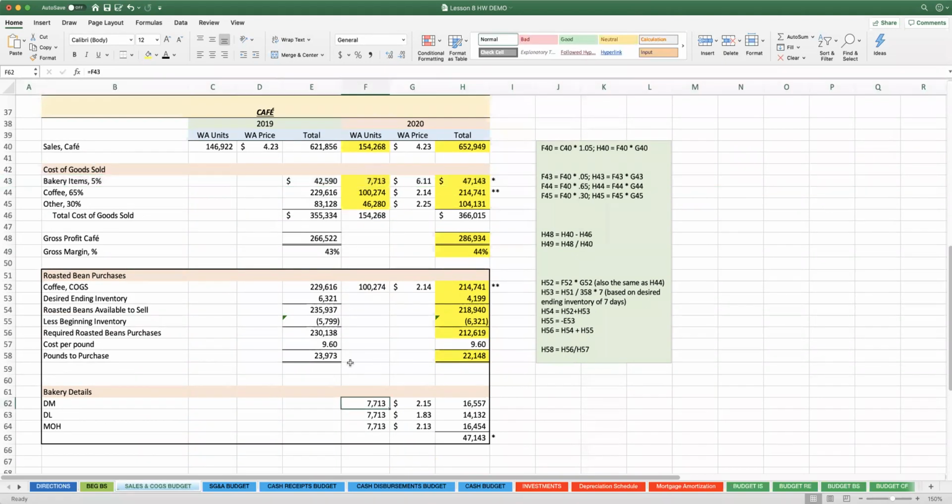That's why it's 7713, because it's referencing the bakery. This was the cost of the direct materials from a previous assignment, this was the cost of direct labor, and this was the cost of overhead. So just multiply through and add them up, and of course you get the same answer as you got here. So it's just a breakdown of that dollar amount into the direct materials, direct labor, and manufacturing overhead components.